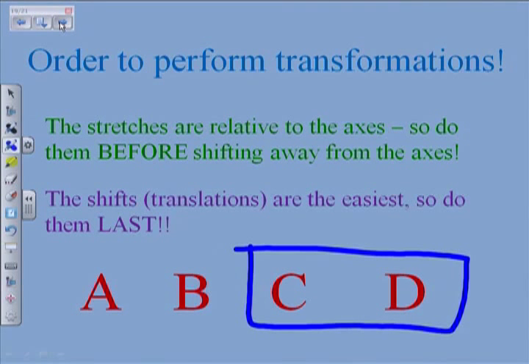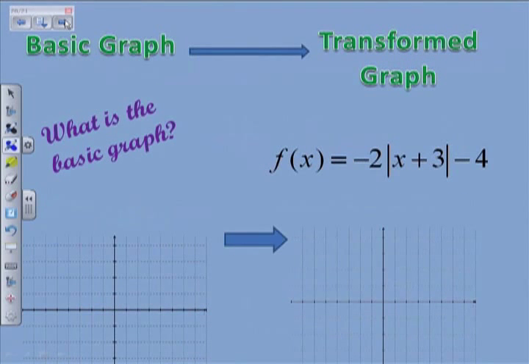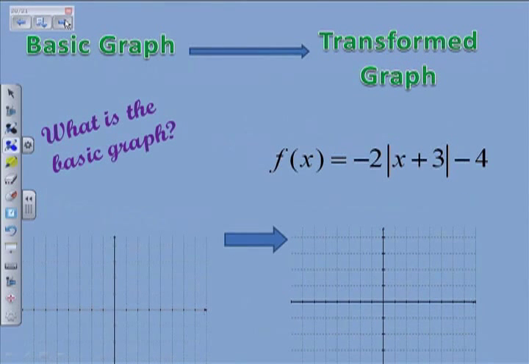Now, the A and the B being the stretches, you know I told you your stretches are anchored on those axes. So I think that's really important that you stay there and handle those stretches and compressions before you start sliding. I think that'll be to your advantage. Okay? So let's just try this guy.